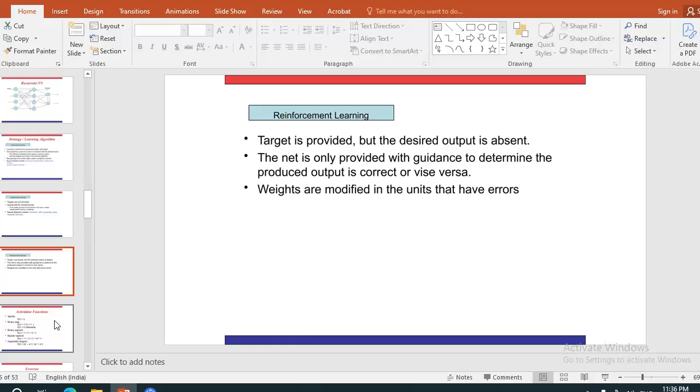For example, if a student goes to write the examination without studying or preparation, he can't get good marks. He may get 20 marks or 10 marks, but it is not possible to get full marks. Similarly, for implementing a network in practical applications, we have to perform the training. Once the training is completed, we have to perform the testing, then we can implement it in the real world. Then only the network will work. Otherwise, it can't produce the expected outputs.